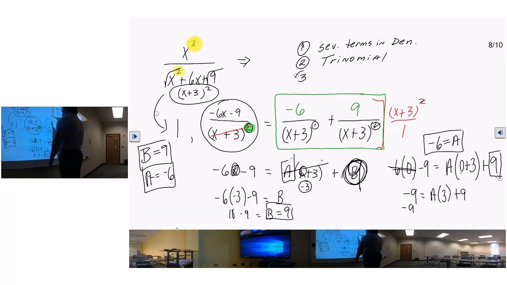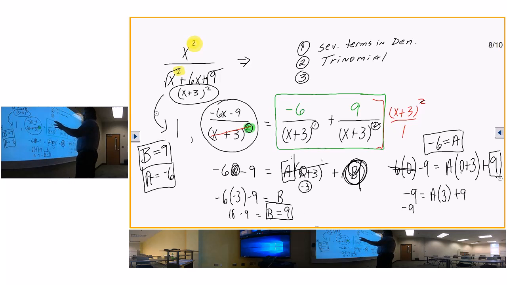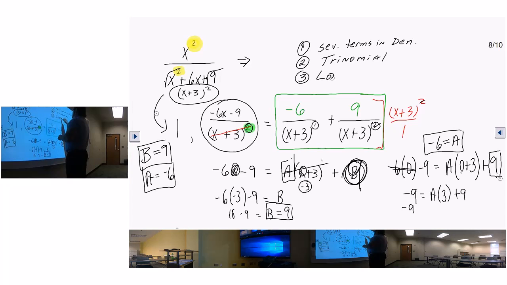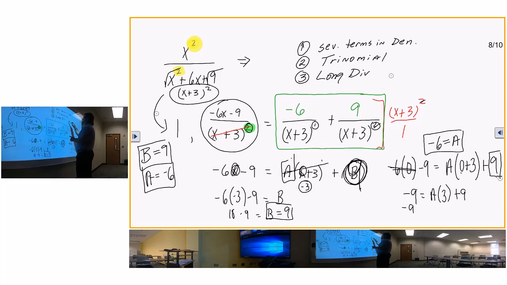Third one, and this is one that we have right here, we have a trinomial, but we also have long division. And in the second part of the long division, we had a second degree, a quantity squared in the denominator.